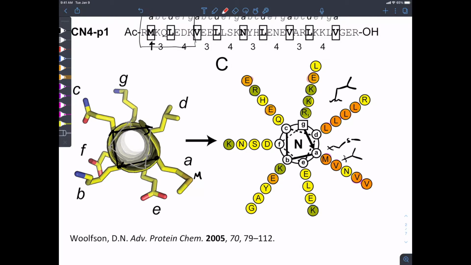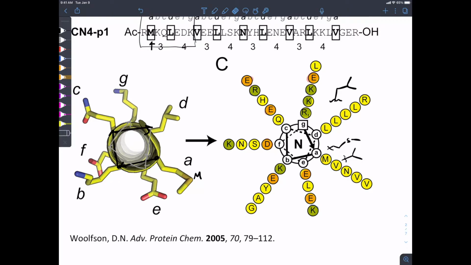Oh well. Okay, so you can see that the other positions, G and E and B and C and F, all tend to have polar or charged residues. And there's more to be learned there. For example, you have 2 oppositely charged residues that are 1 turn apart here. Those are probably engaged in a salt bridge.